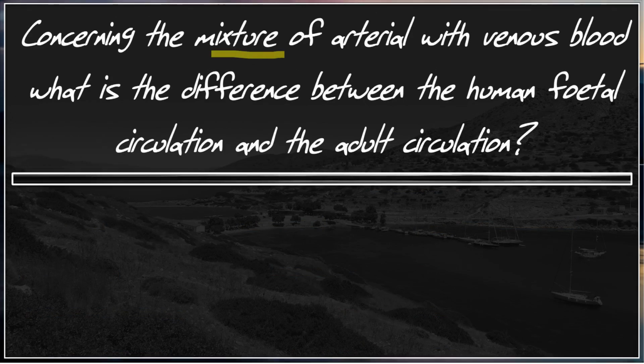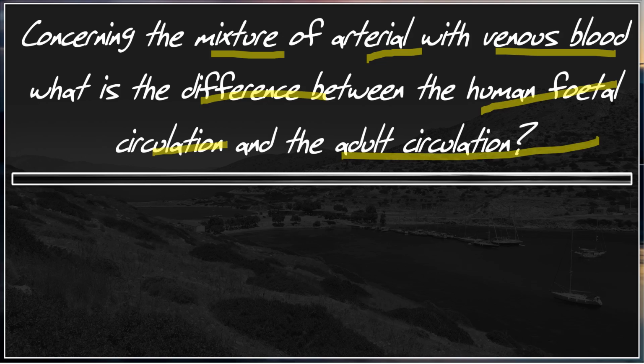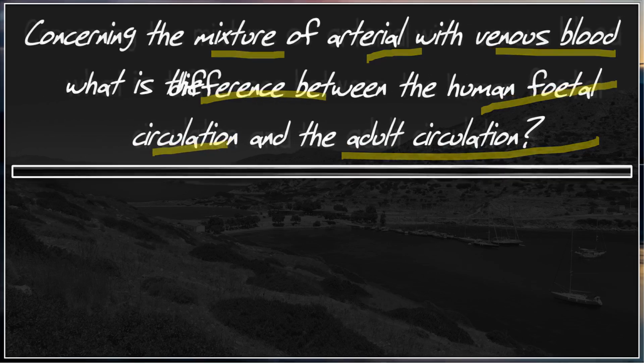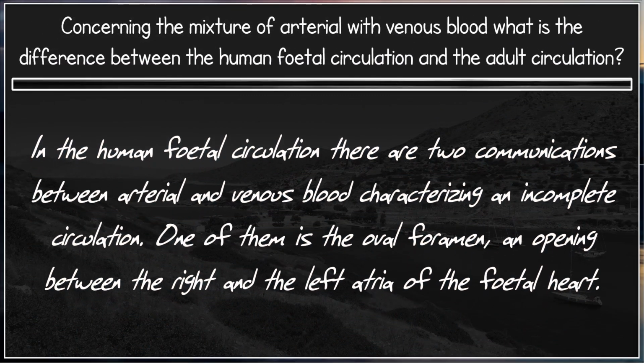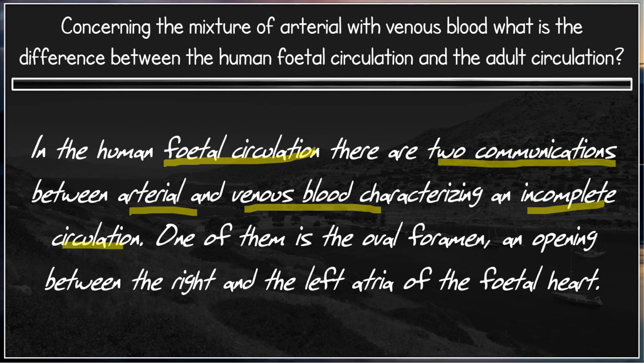Concerning the mixture of arterial with venous blood, what is the difference between human fetal circulation and adult circulation? In human fetal circulation, there are 2 communications between the arterial and venous blood, characterizing an incomplete circulation.